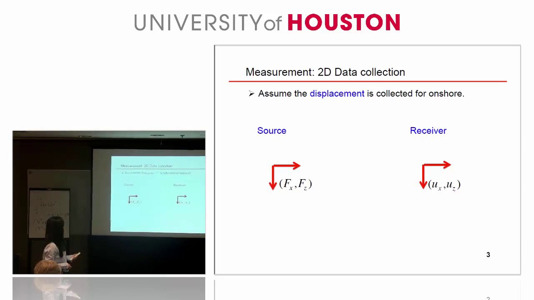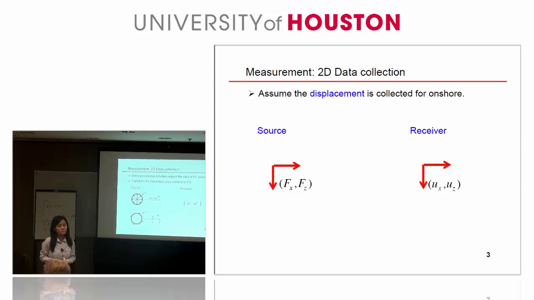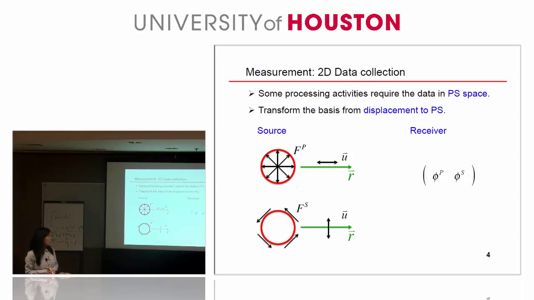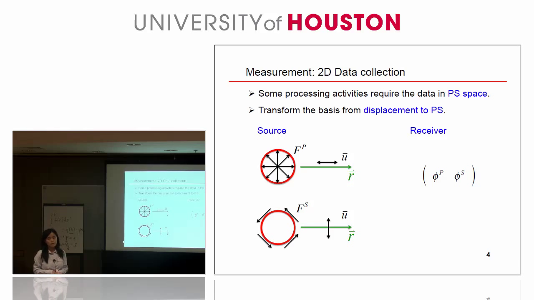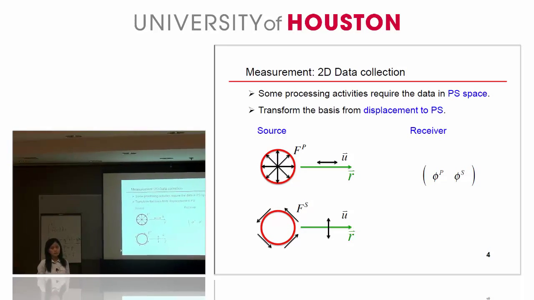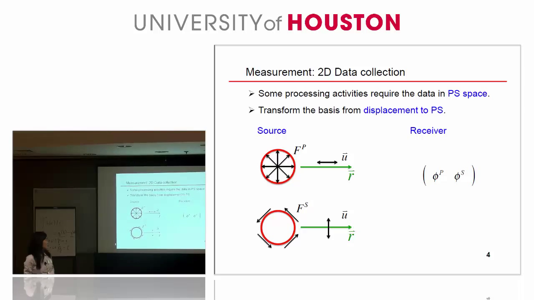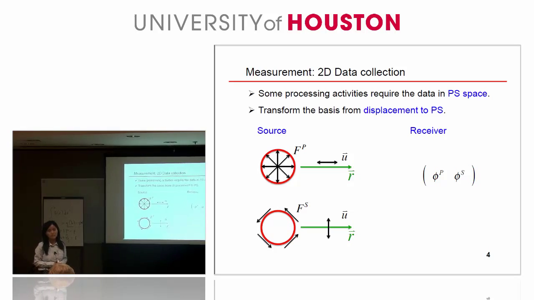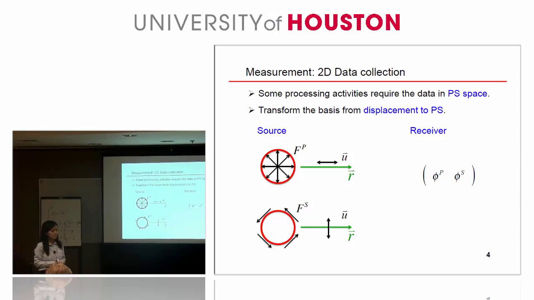Besides this, some seismic processing requires the data in the form of PS space, say P wave and S wave. For example, Matson and Wagner provide a multiple removal algorithm for the elastic data, and their work starts from the data in PS space.